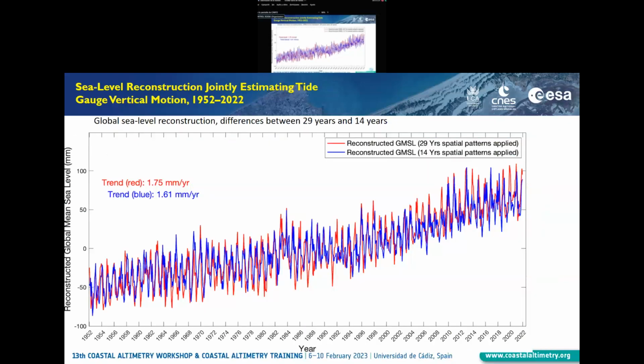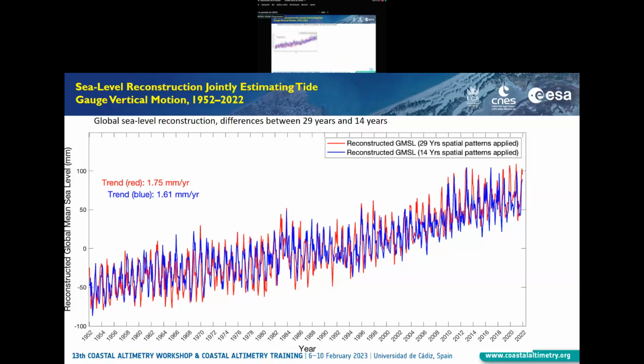So I want to show you the two different, so we actually do an experiment at the top where you see the red is the reconstructed sea level, like using 29 years. So the full spectrum of whatever we have from 1991, meaning altimeter era. And we use all the tide gauges, where we pick the longest, actually from start 1952.